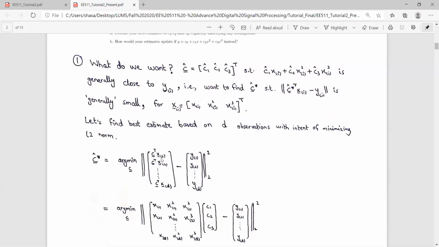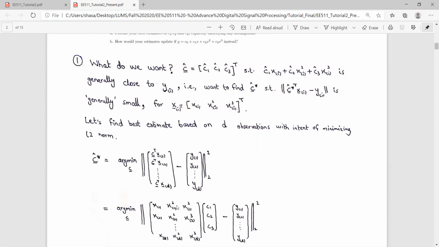So we can now see that this is equivalent to this matrix multiplication, where I have opened up all the terms for clarity. So we can see that in the multiplication of these two, the first element would be c1 x1 plus c2 x1 square plus c3 x1 cube, and so on. So these two expressions are equivalent.